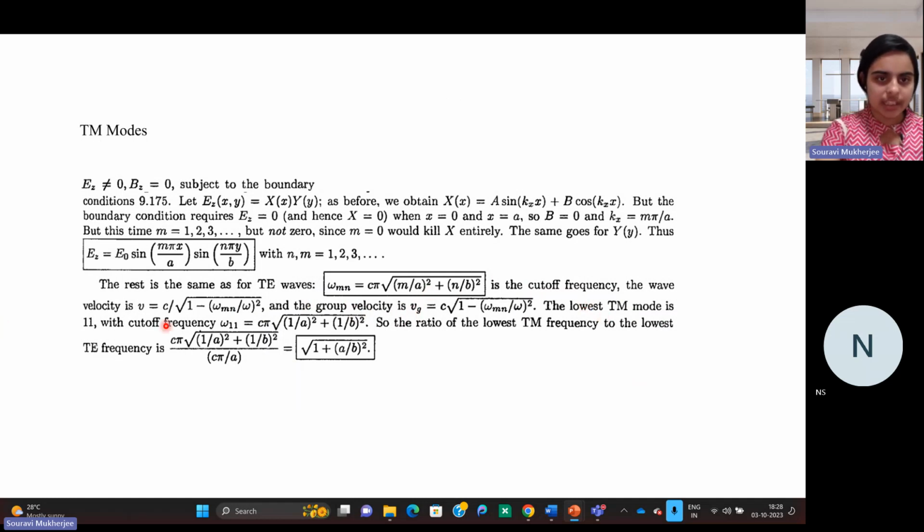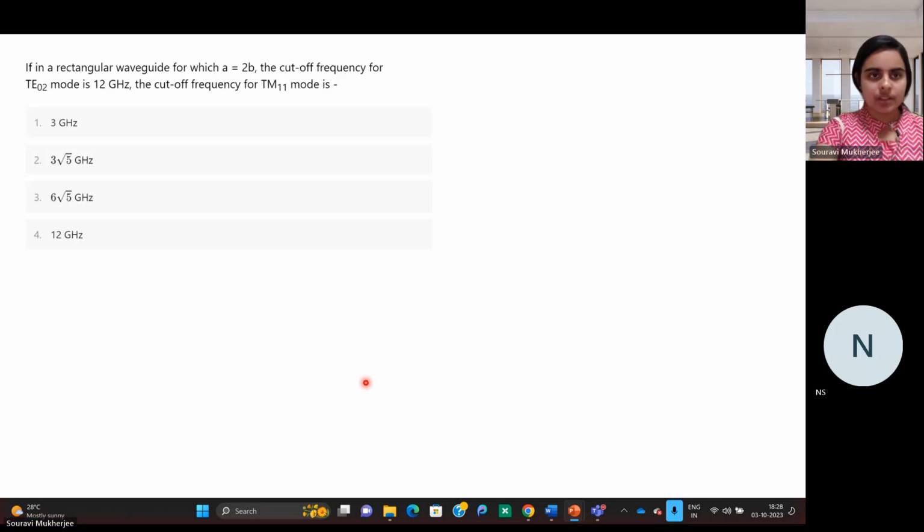Now, the lowest mode, as we said: if you find the ratio of the lowest TM frequency to the lowest TE frequency, it would be something like this. So it depends on the dimensions of your waveguide. Now, based on this, let us try to solve some very fundamental and simple questions.